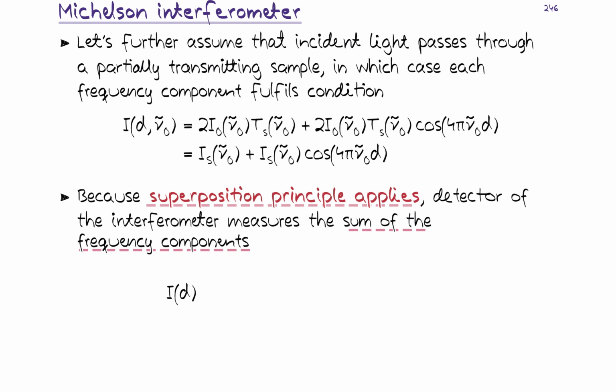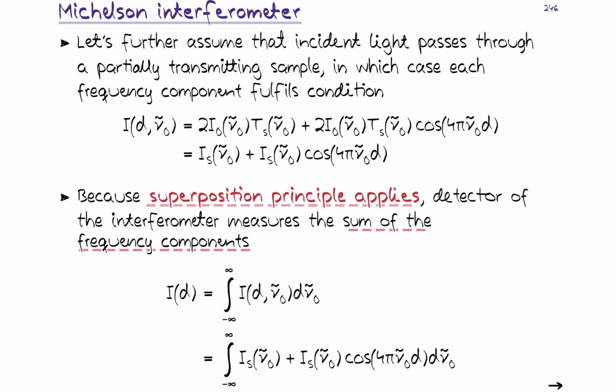Mathematically, that means the measured quantity is the total irradiance as a function of d, or as a function of the separation difference between the mirror positions, summing all different frequency components. This is what we are measuring with our detector in the interferometer. This is the application of the superposition principle to our physical problem. Now we can write what this irradiance pattern I is.